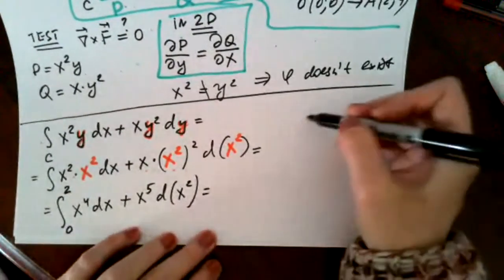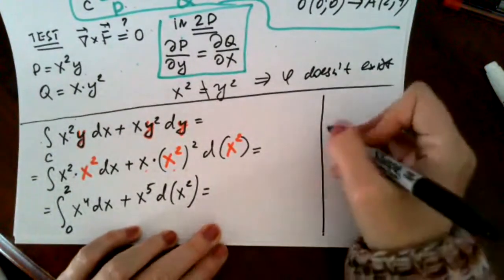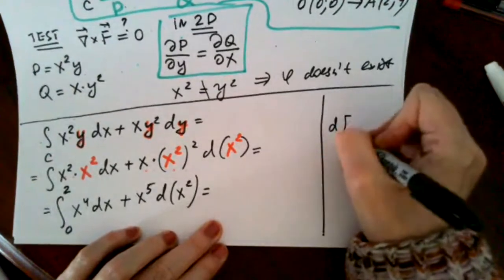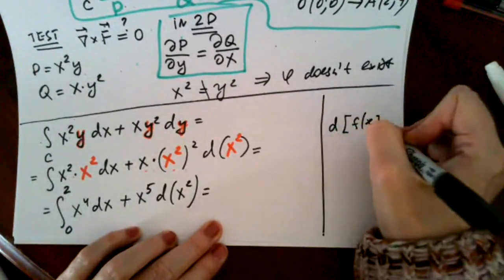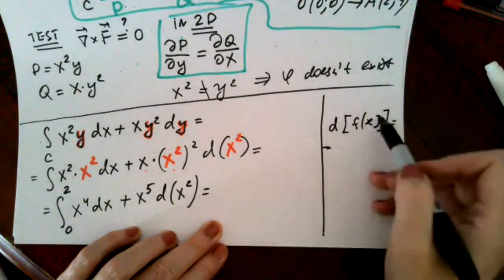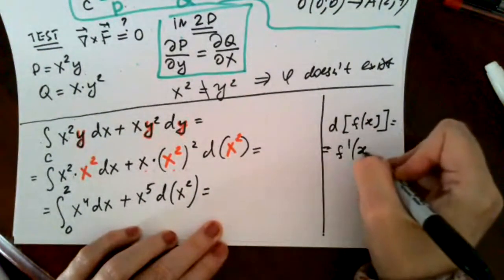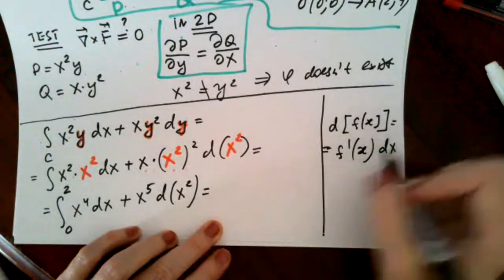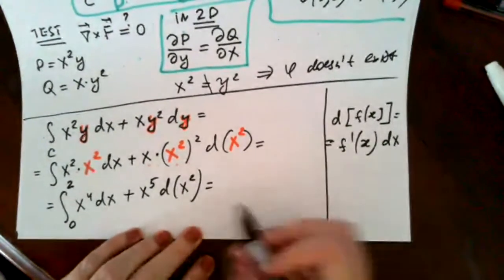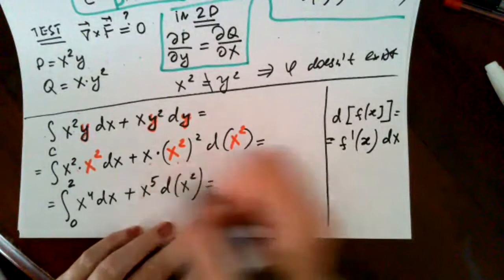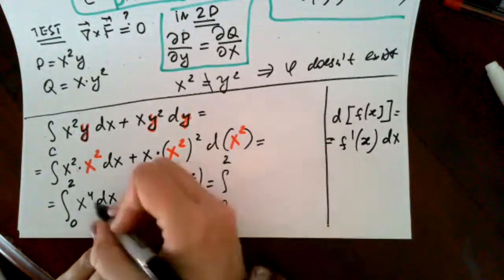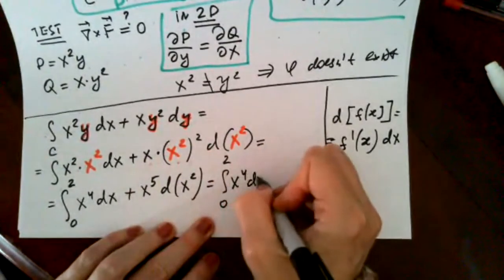How can we calculate this thing? Let me remind you that to calculate the differential of some function f of x, for example, so you have a function f inside your differential, you need to calculate the derivative of the function and then multiply it by dx. So let's apply this to this expression. I'm rewriting the first term.